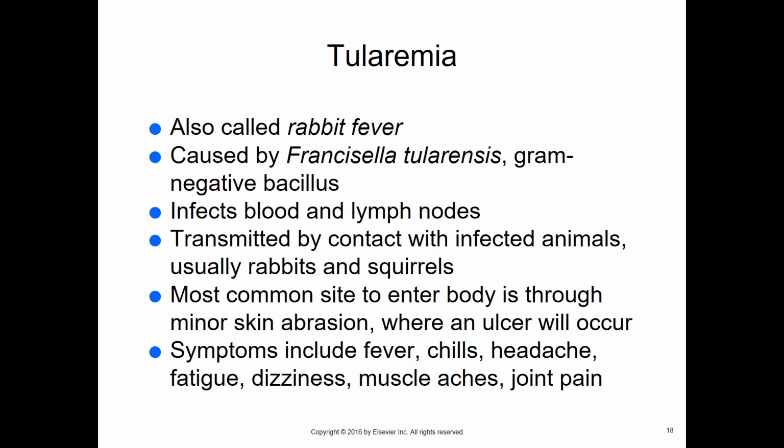All right, tularemia, also known as rabbit fever, caused by Francisella tularensis, a gram-negative bacillus, and it targets the blood and the lymph nodes. Spread through direct contact with rabbits, ground squirrels, or through the bite of an infected tick, deer fly, or other insects.